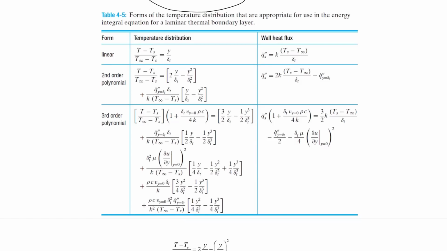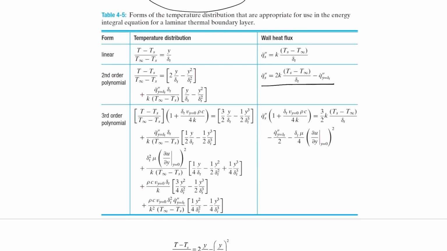Again, for a third order polynomial, you're going to be doing a lot more algebra, but it's possible to do it. Things to point out here: if we assume a second order polynomial, you'll note that the heat flux equation is this. So this is saying that my resistance actually corresponds on average to delta T over 2.